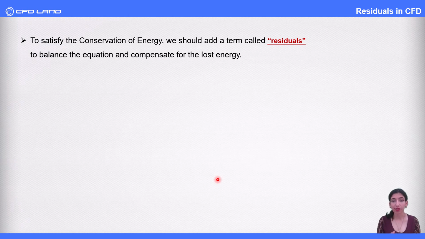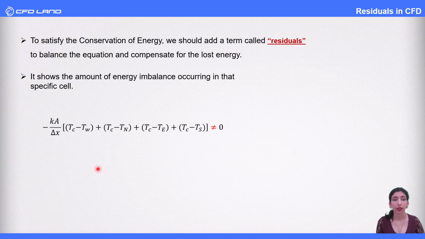So to satisfy the conservation of energy, we add a new term into our equation. This term is called residuals, and it stands for the energy lost or gained in each cell. So the equation was not equal to 0.